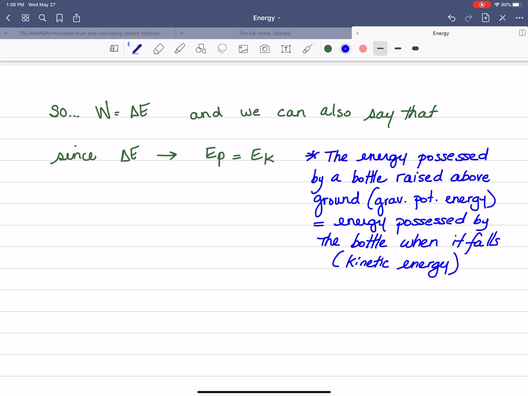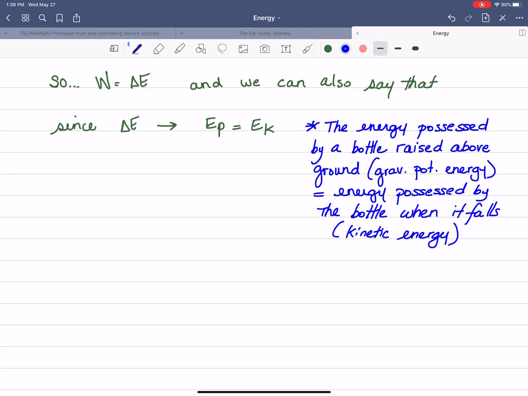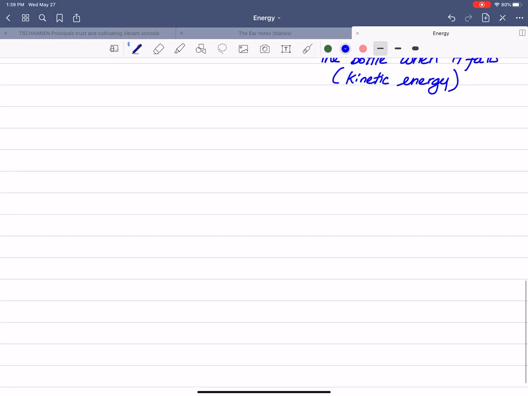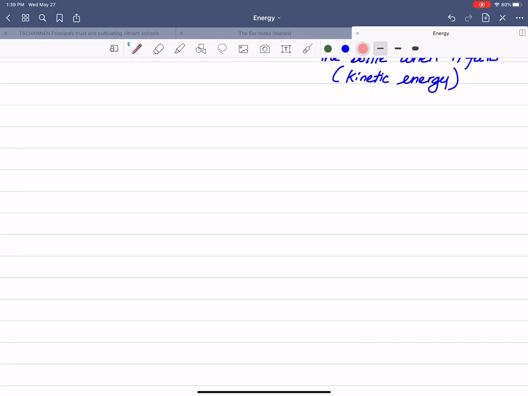All right. Now, we're going to look at both EP and EK, potential energy and kinetic energy, separately. And for potential energy, we're going to focus on gravitational potential energy. In Physics 20, you're going to see elastic as well, but we're going to look at this one for Science 10. Okay.